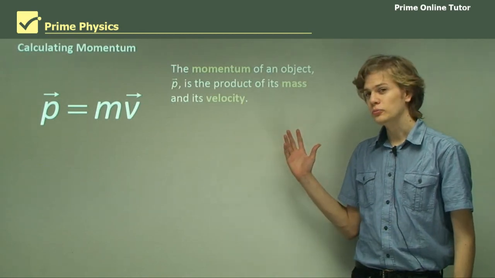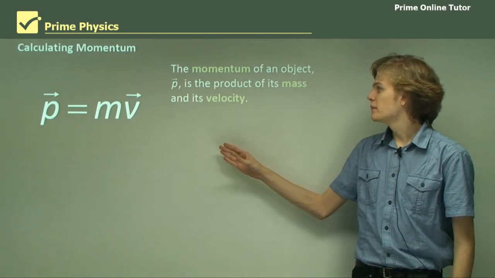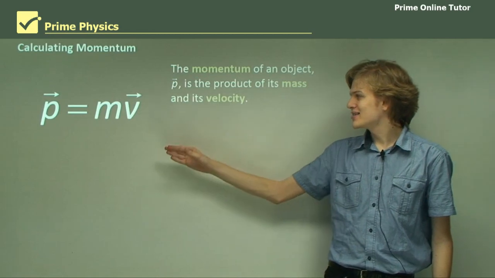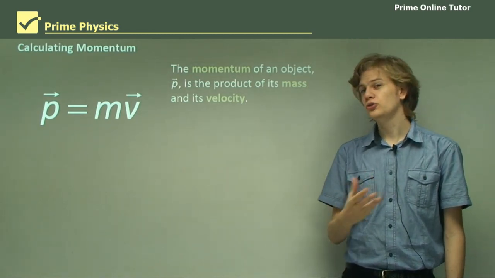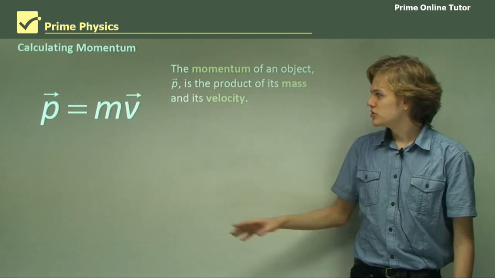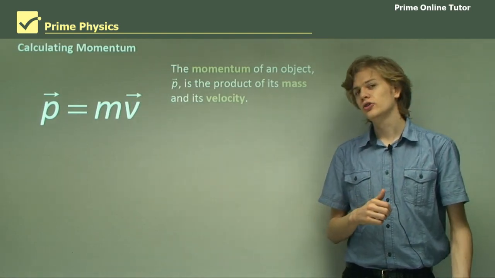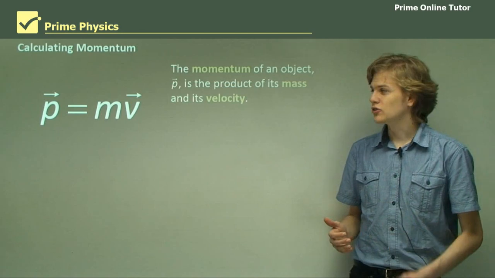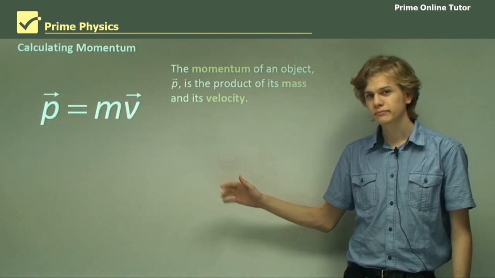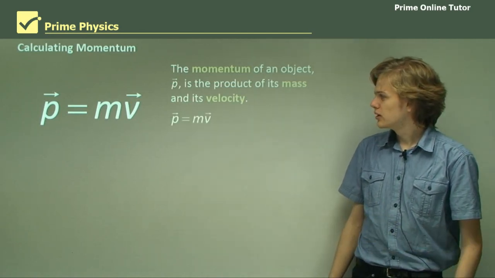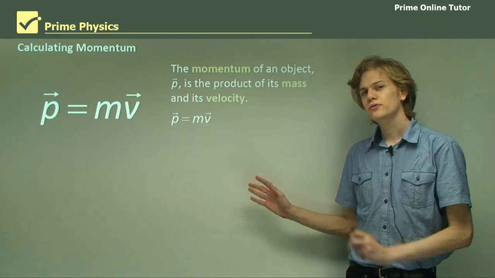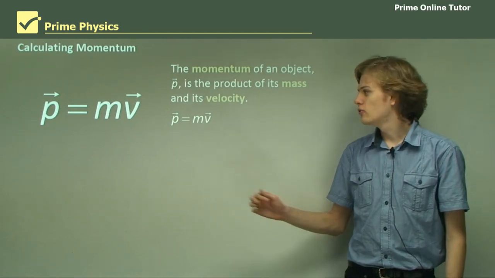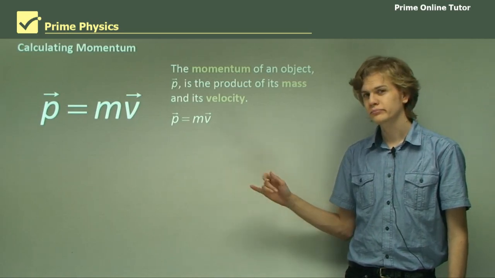The momentum of the object is given by this equation here, the product of its mass and its velocity. So product means that we multiply those two together. We can see from the arrow here that it's going to be a vector quantity in the same direction as the velocity. P equals mv. We can use this equation to figure out the units of the momentum as well, right?